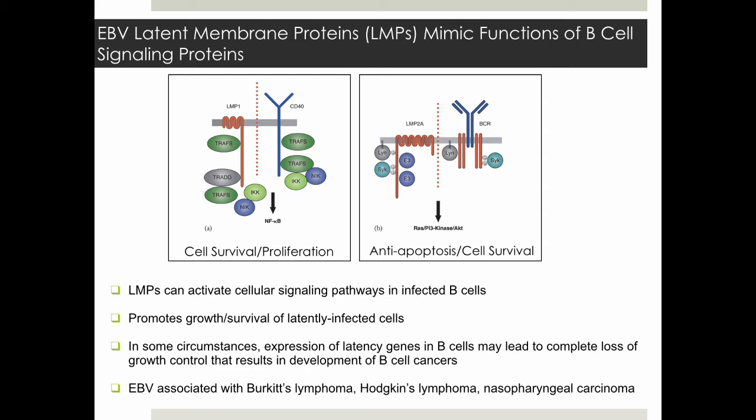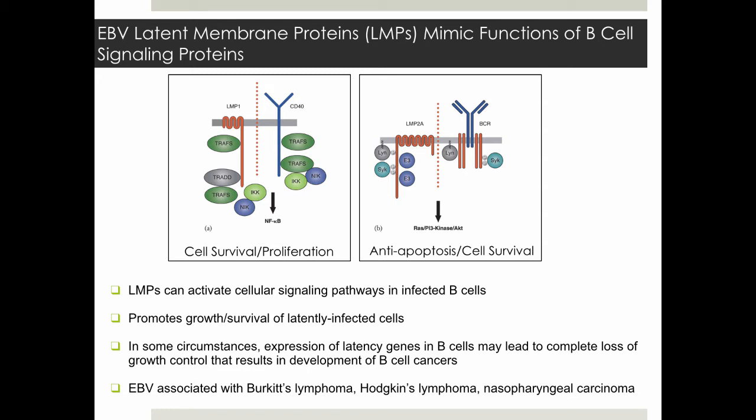Epstein-Barr virus can cause a number of lymphomas. How does that happen? These are blood cell cancers. It's happening because a lot of the latent proteins that are present in EBV look like what would otherwise be a signaling protein that's present in B cells in the immune system.